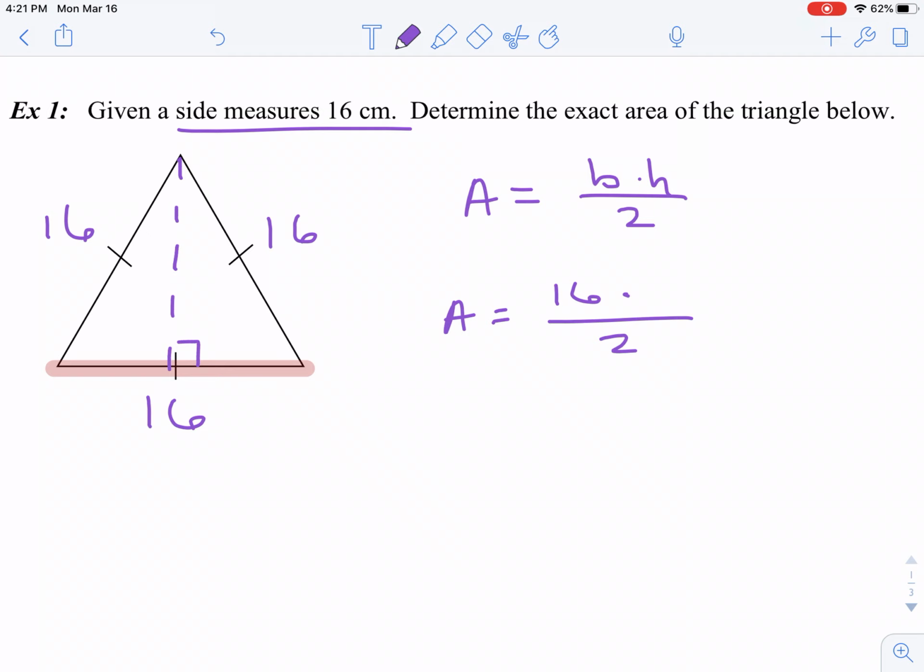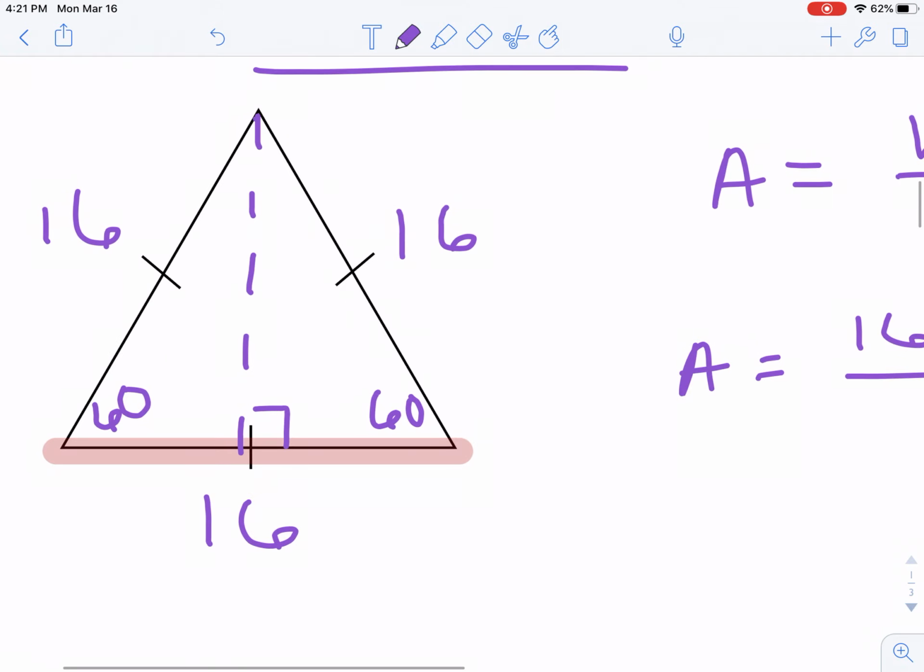Now, there would really be 2 ways to approach this. One of the things we know about an equilateral triangle is that all 3 angles are 60, which makes these 2 separate triangles both 30, 60, 90 triangles. So that's one method.